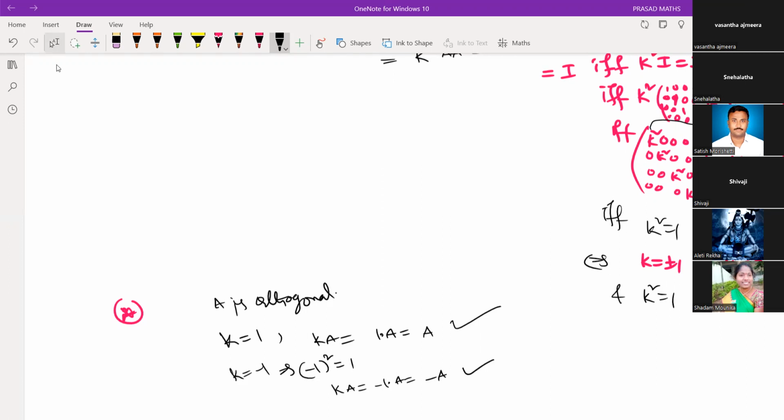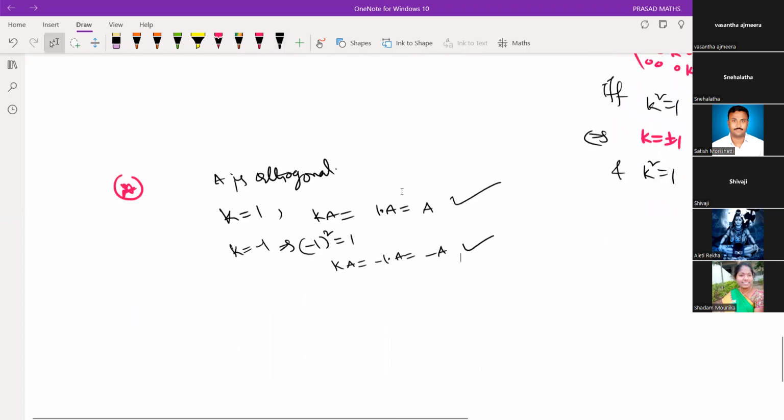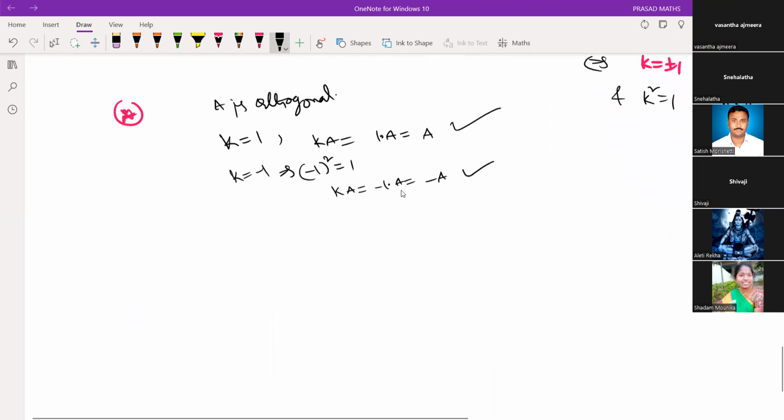In general it may not be, but with such a scalar, it is orthogonal. Is it clear?